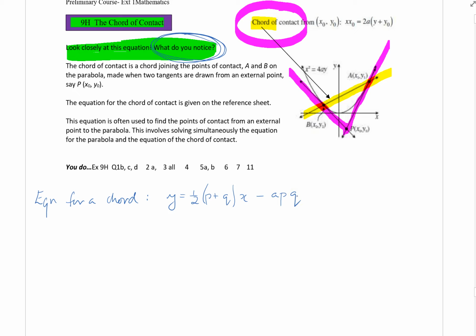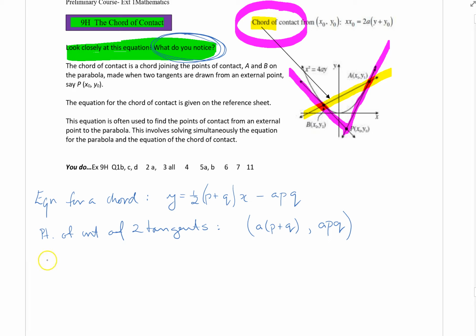What's something else that we know? We know the point of intersection of two tangents. This, again in parametric form, has the x value as a times (p plus q), and the y value is apq. Okay, I think that's about it. They're really the only things I need to know.